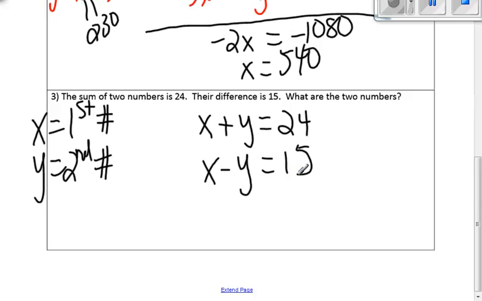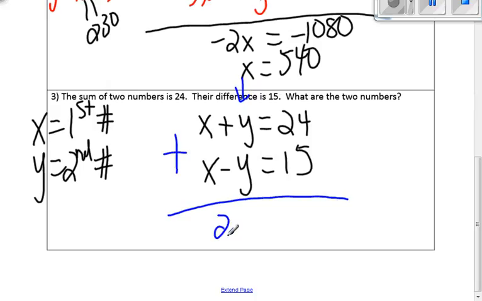The difference of them is 15. 2 separate equations. I can do this in multiple of ways. I'm going to do elimination, that's for sure. If I want to get rid of the x's, I'm going to do subtraction, because x minus x cancels out. If I want to get rid of the y's, I'm going to do addition, because they're opposite signs. So let's do that.